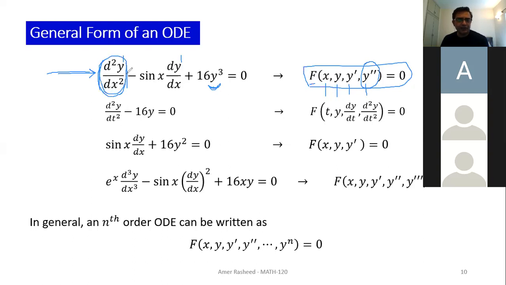Now in this differential equation, what is the independent variable? It is t. So we write here t, y, dy by dt or d square y by dt square. We stop here.